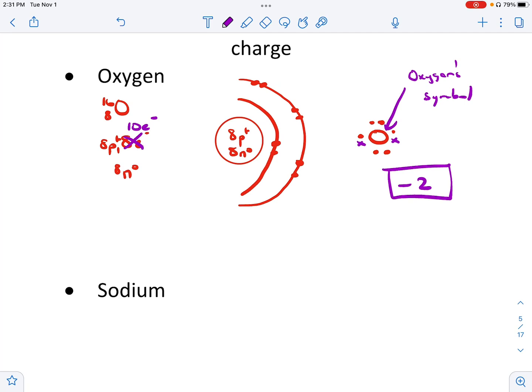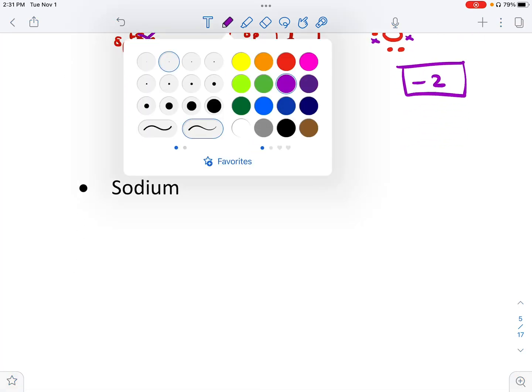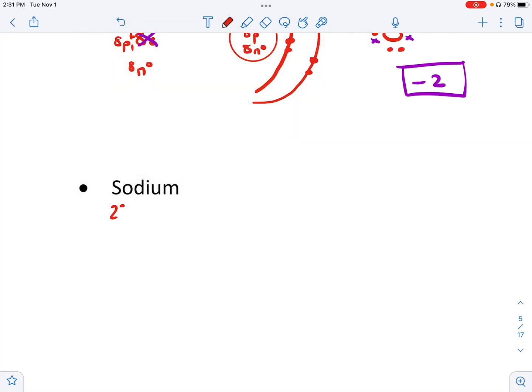All right. Awesome. Let's see what sodium looks like. We did this one yesterday, but we'll redo it. So we've got 23, 11 Na. So 11 protons, 11 electrons currently, and 12 neutrons. So in the center, 11 protons, 12 neutrons.